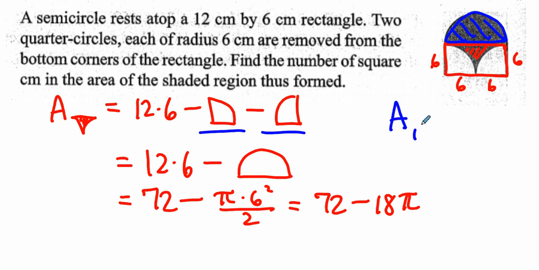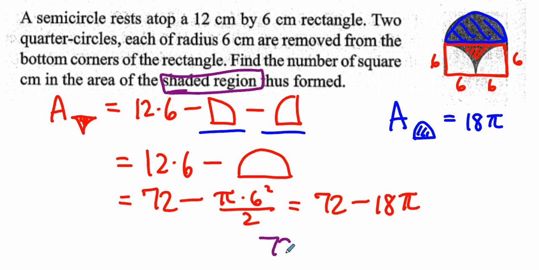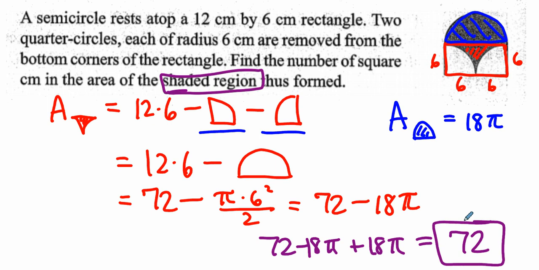So the area of the thing up here is the stuff we took out. So the whole shaded region is the stuff from down below plus the stuff from up above. Well, that's kind of interesting, I suppose.